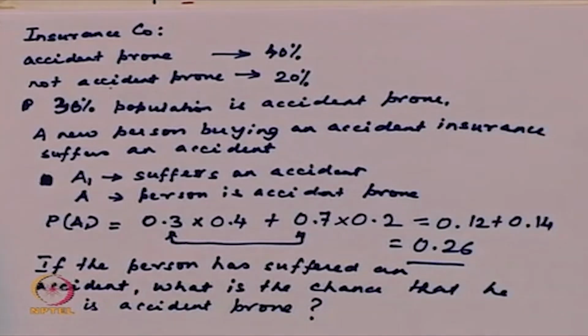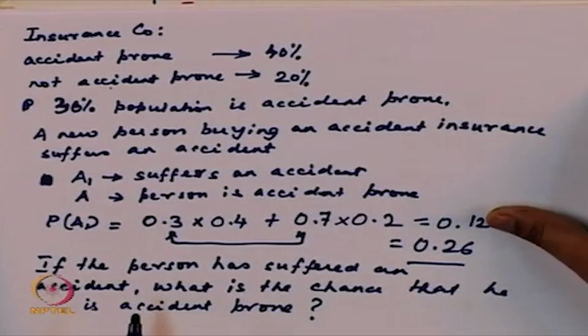I want to have the reverse question: if I know that the person has suffered an accident, what is the chance that the person is actually accident prone?